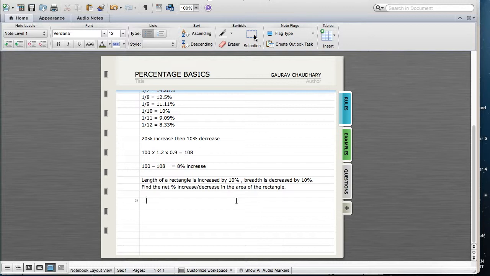Get this very clear, that if a value is increased by x% and then decreased by x%, then there will always be a decrease which is equal to x square upon 100. So we can simply calculate it by 1 into 1 is 1% decrease.